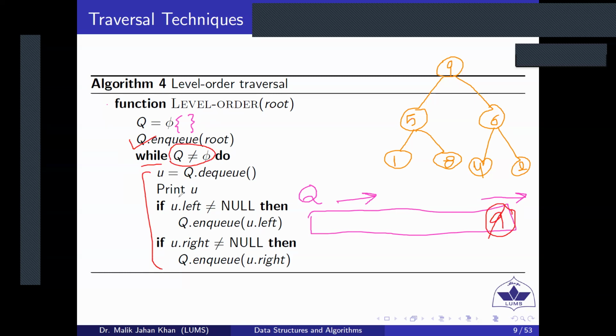So 9 goes out of the queue and we store it in a temporary variable which we are calling u. So u is a temporary container that contains the element we have just removed from the queue, which is 9 in our case. Then we print 9. Let me try to write this output on the screen: the first thing which is printed is 9.